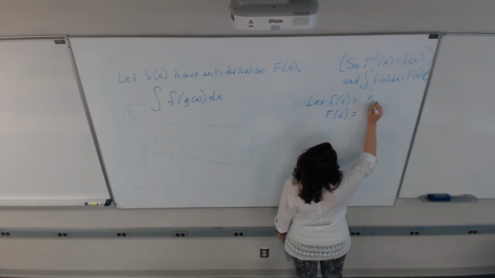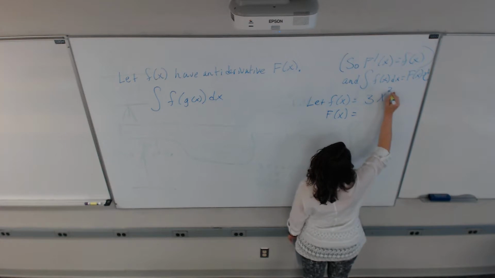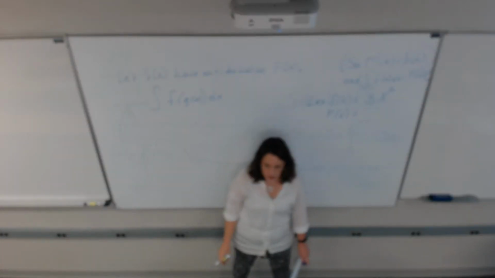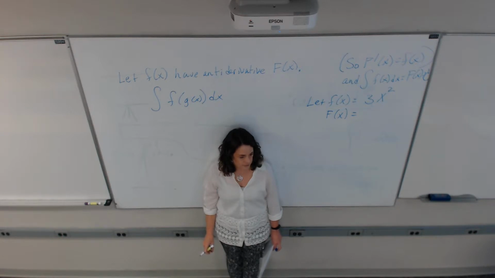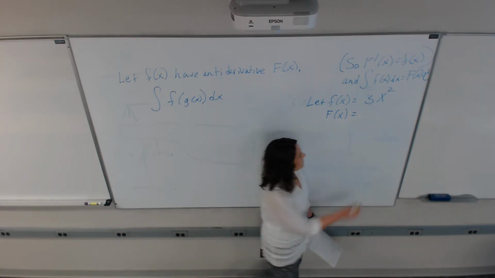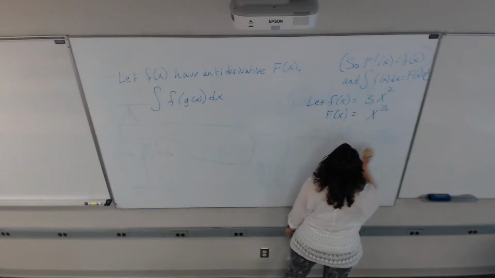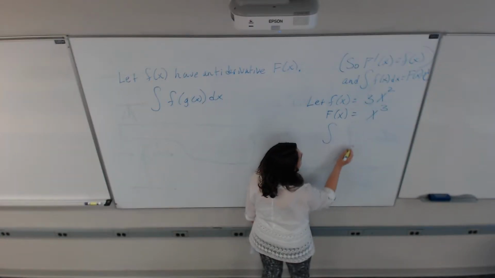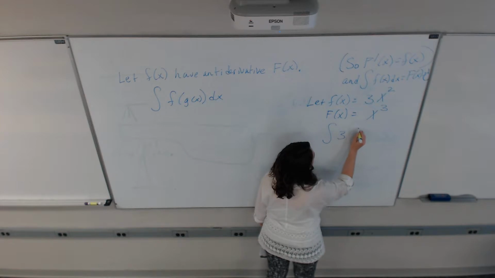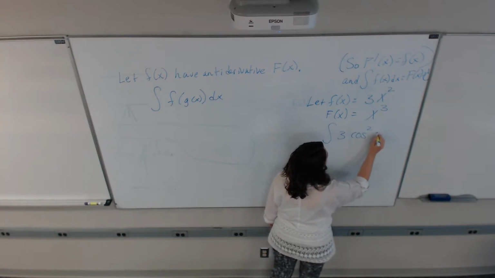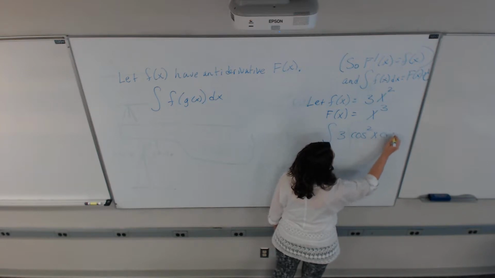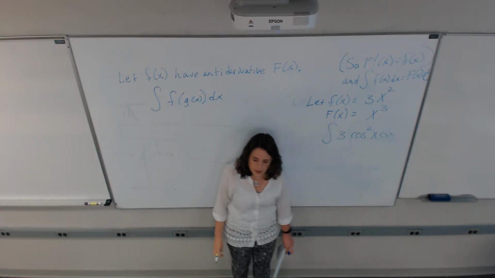What if I had done 3x squared? Give me an antiderivative to 3x squared. X cubed. Now suppose that I had asked you to integrate 3 cosine squared of x dx, or something like that.